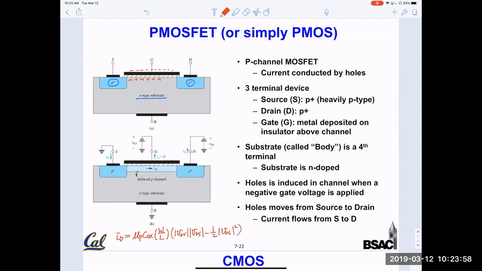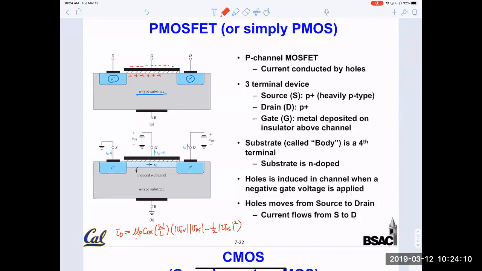The reason I put the absolute value sign is that the polarity of the voltage switches for all of these for PMOS. One thing to note is, it's now proportional to the mobility of holes. And remember, for silicon, okay, mu n is about 3 times mu p.